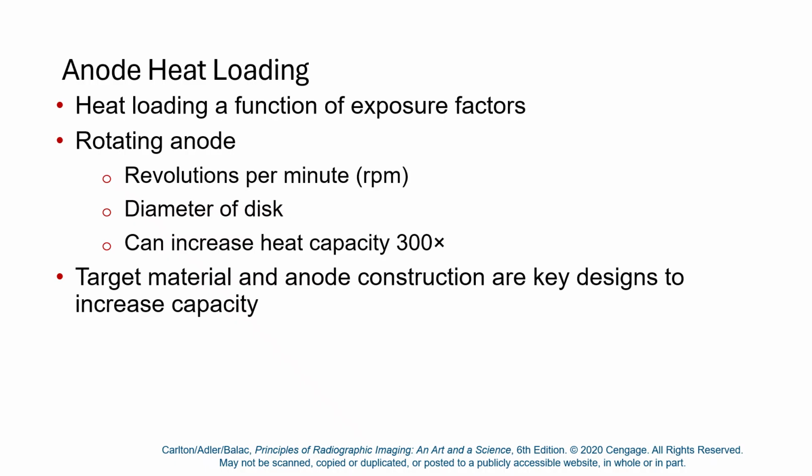And so maximum heat capacity is dependent primarily upon the heat capacity of the anode, the diameter of the disc, the revolutions per minute, and the focal spot size, all of which impact the maximum calculated estimate of heat capacity for the tube. Okay. Target material can also greatly influence the anode heat capacity. The whole point of the graphite heel of the anode target wheel is for a heat sink to increase heat capacity of the tube.